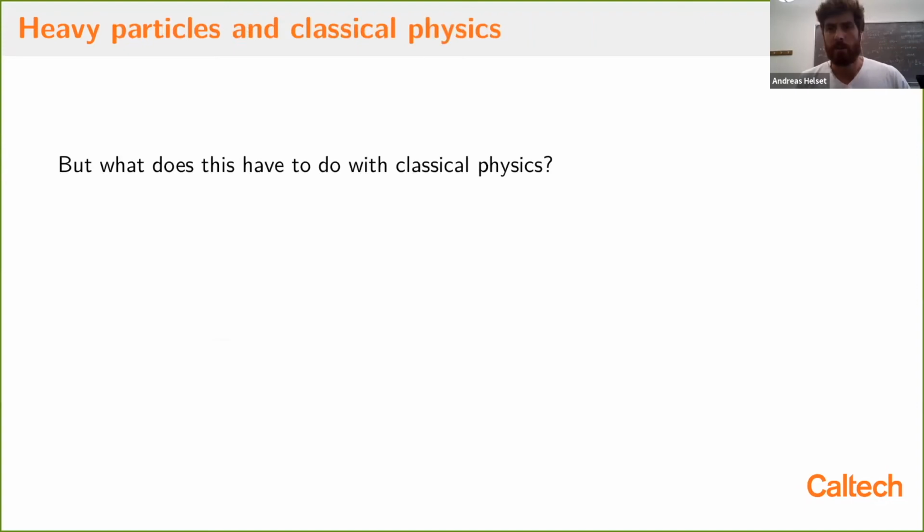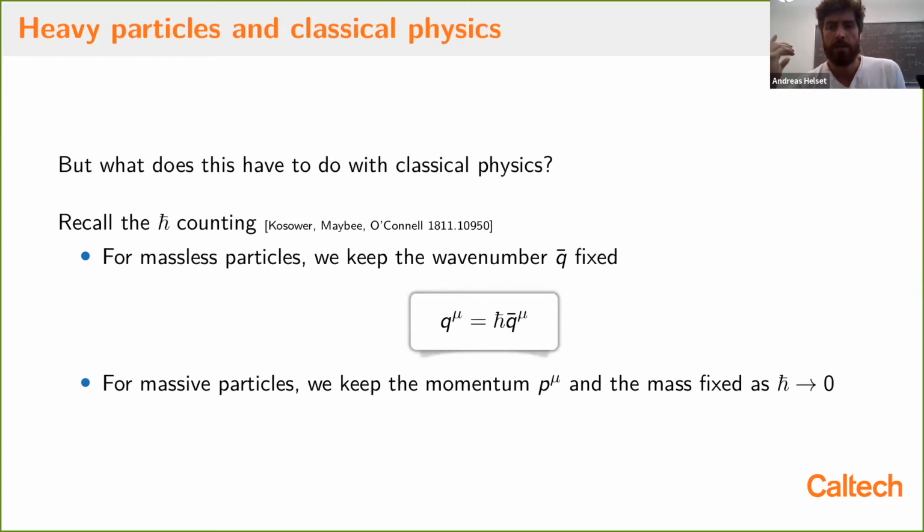But what does this have to do with classical physics precisely? Well, if we go back to the h-bar scheme counting by Cotter and O'Connell, we knew that all the massless fields should have an extra h-bar hidden in their momentum, making it small compared to the massive fields, while the massive particles just have a large momentum.